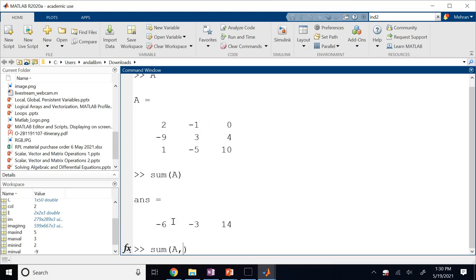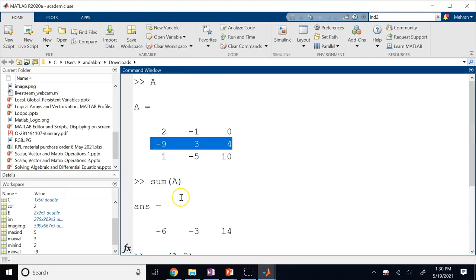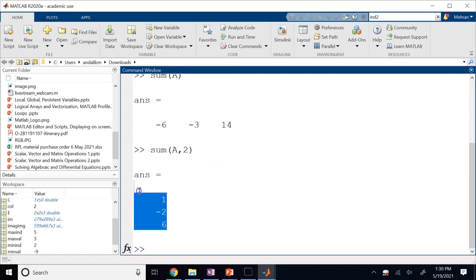If I say sum of A and 2, now it did it row-wise. Look, the sum of this row is 1, this is -2, and this is 6. So if I say sum A and 2, it is doing it row-wise. If I say sum A and 1, it is doing it column-wise. So you can change the direction that it is adding.